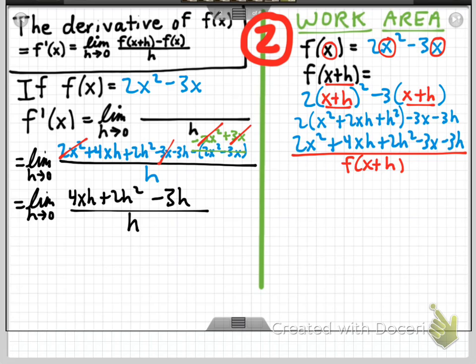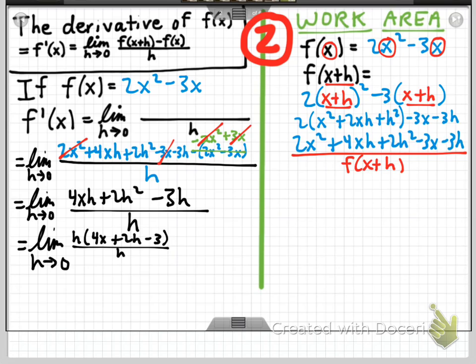Okay, and so we can cancel an h if we factor it out of the numerator. So let's go ahead and do that. Let's factor out the h, and we get 4x plus 2h minus 3 all over h.